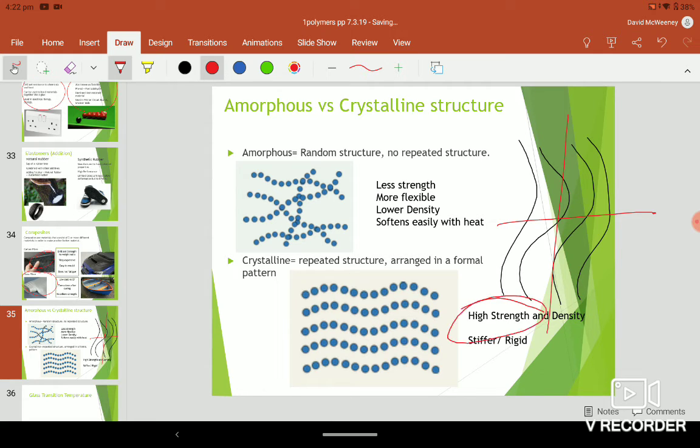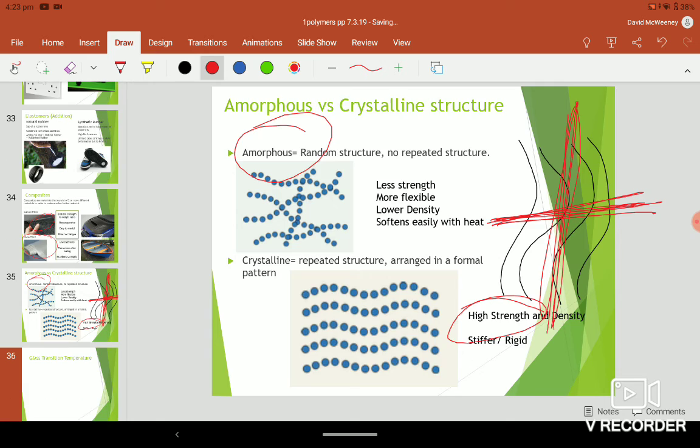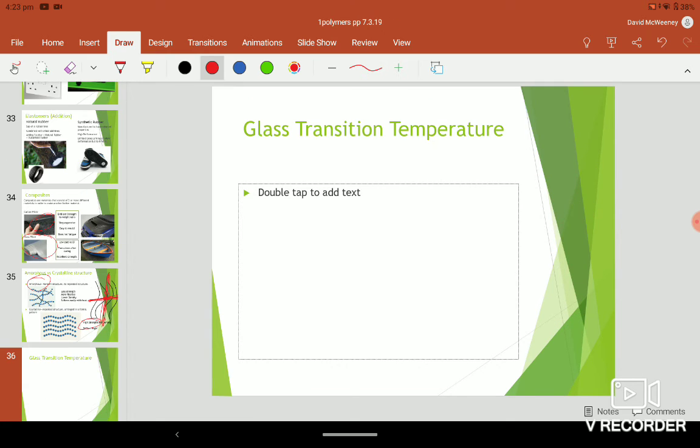It is a higher strength this way because you have all the molecules working together to provide that strength, whereas this way you could have none. There might only be one or two intertwined, but it depends how microscopic you want to go. Amorphous, a mess.